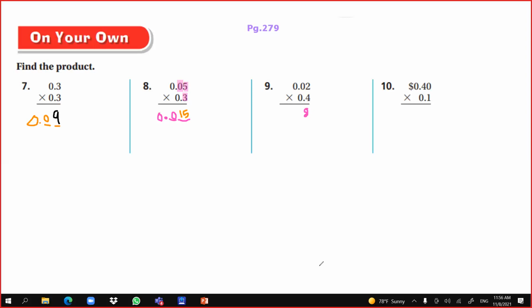Bravo. So 1, 2, 3. Bravo. The decimal point will be here. So in these empty spaces, you have to add 2 zeros. Thank you, Dina.